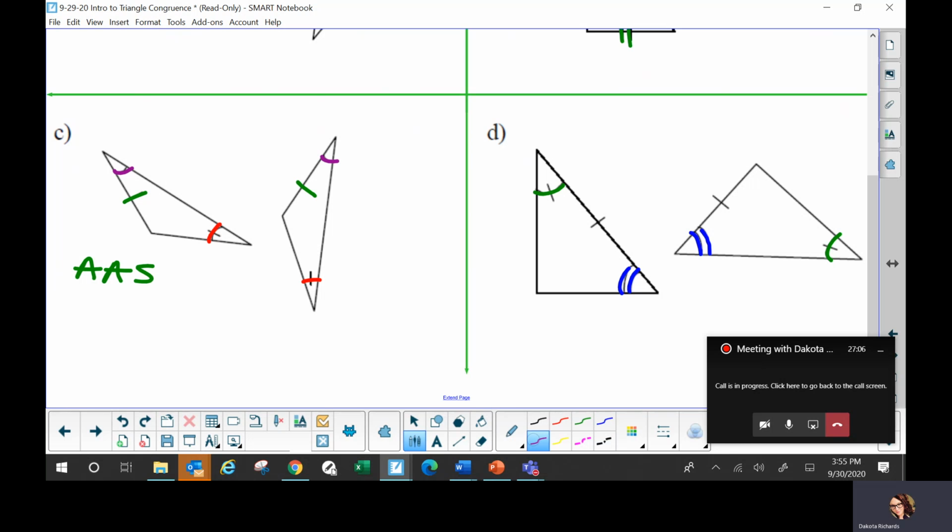Do you see how in this triangle, the side is in between those two angles? And the side in between these two angles would be here. That would make it angle, side, angle, but that's not the side it gives you. It gives you the one that's up here. Okay, so these would actually be not congruent.